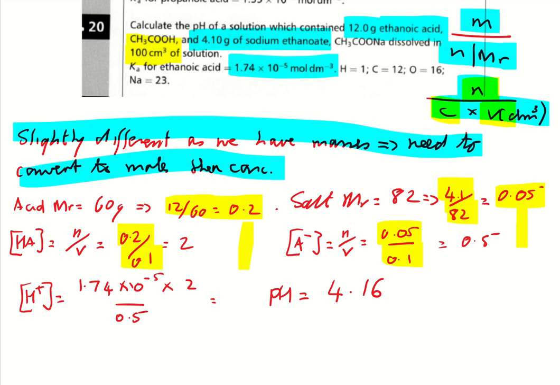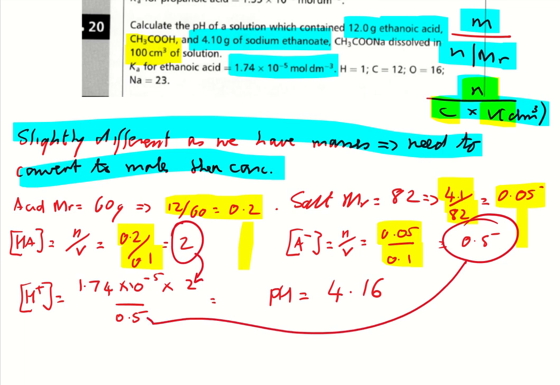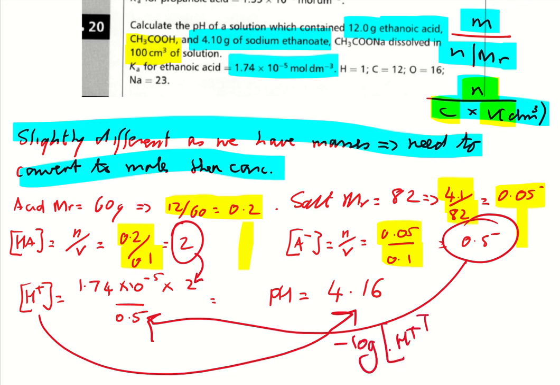From there on in, we've got our new concentration of our acid and of our salt. We remember to put the acid on the top line, our salt on the bottom line. That gives us our H plus. We minus the log of the concentration of our H plus ions, and that gives us our new pH.